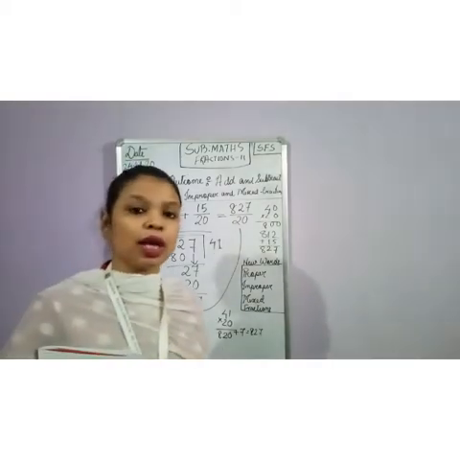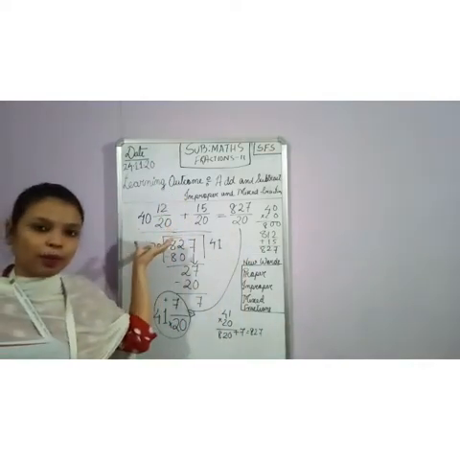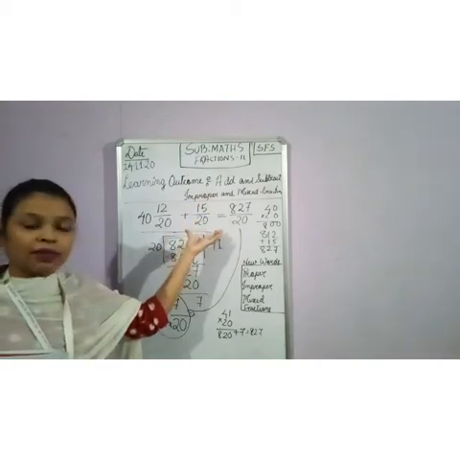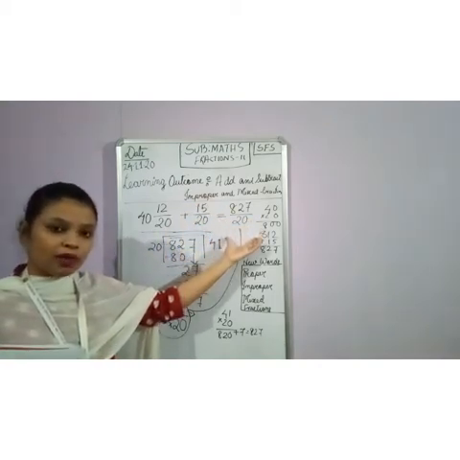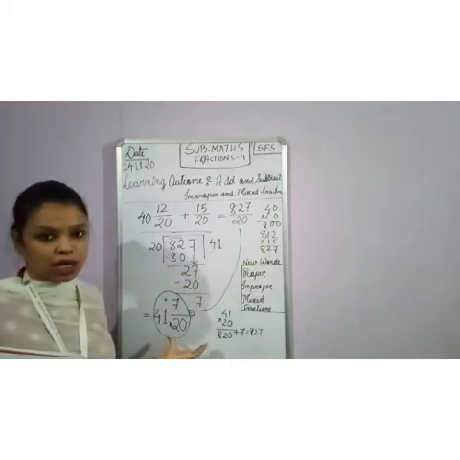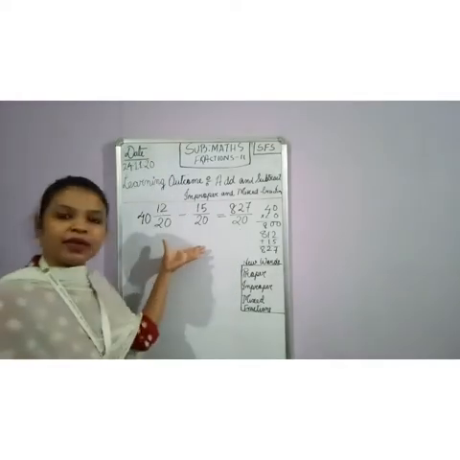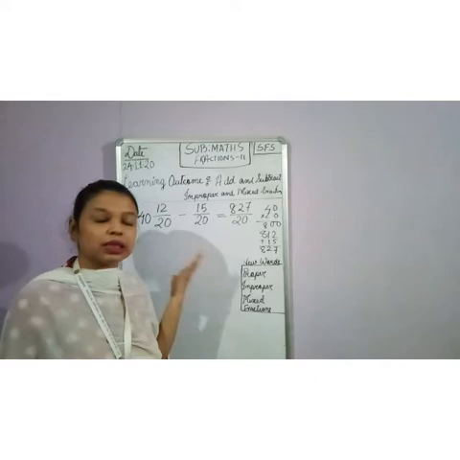So in this way we first convert the mixed fraction into an improper fraction, add with the second fraction, get the answer as an improper fraction, and if asked, express it as a mixed fraction.